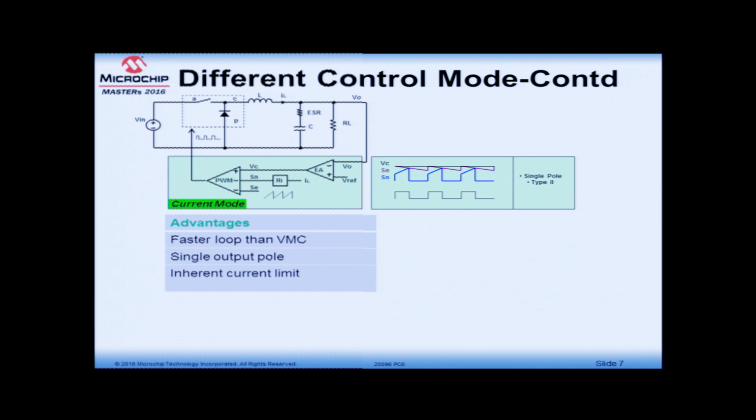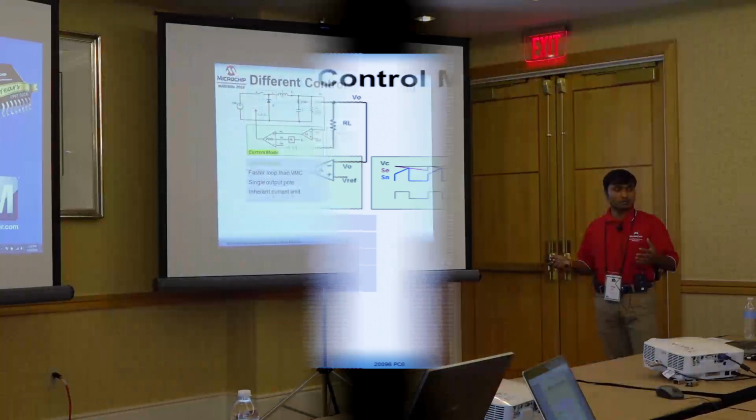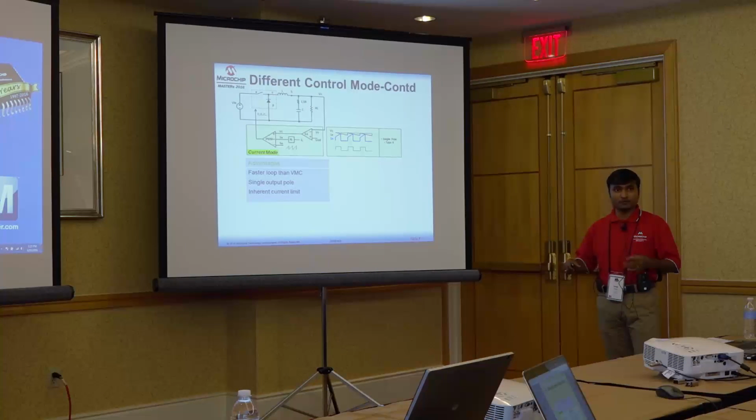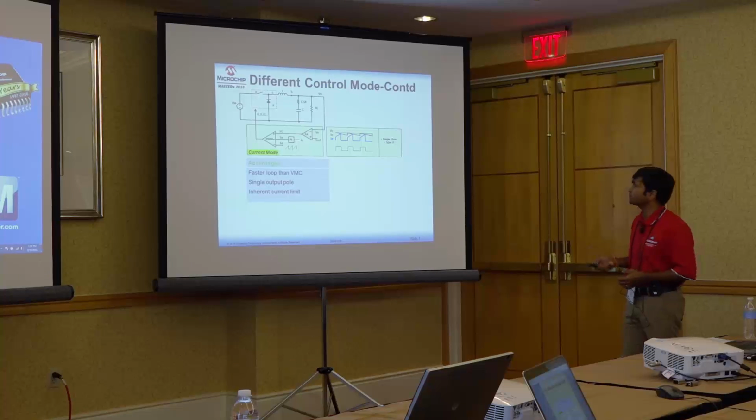So, the only pole that is available to be compensated is the capacitor pole. So, it is a single pole output, and as we are sensing the current cycle by cycle, the current limit is inherent in the current mode control. This is one of the inherent advantages of the current mode, whereas in the voltage mode, for the current limit we need to sense the current differently and provide the current limit.